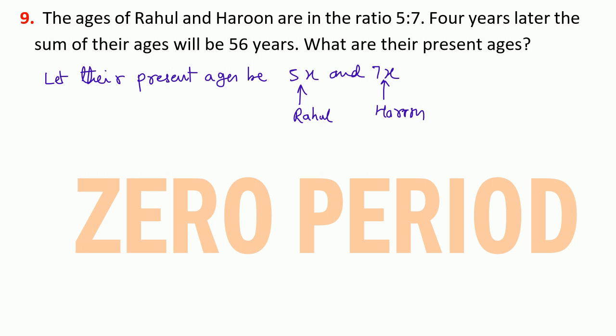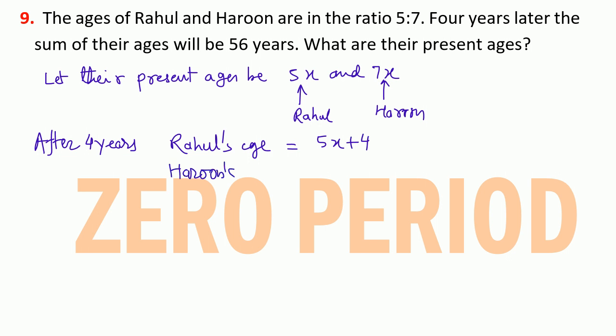4 years later, after 4 years, Rahul's age will be 5x plus 4 and Harun's will be 7x plus 4. These are the ages of these two boys after 4 years.